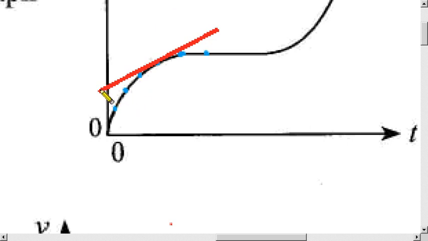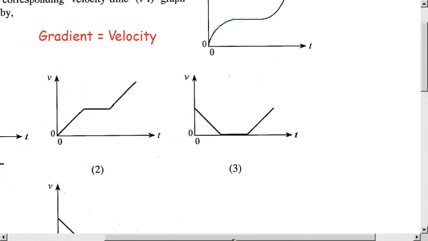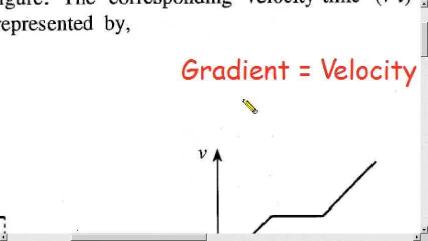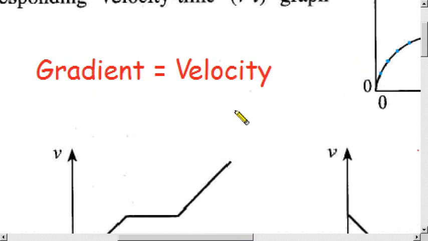The gradient is the angle with the x-axis. So this angle is called gradient. So gradient is decreasing along this graph at the beginning. Gradient is equal to the velocity, so that means velocity also must decrease, since the gradient is decreasing.